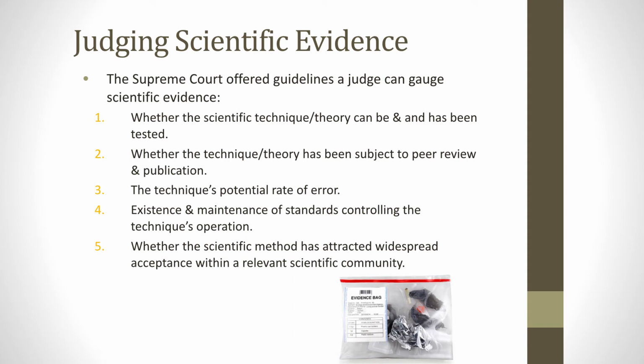It's whether the scientific techniques or theories can be or have been tested, whether the techniques or the theory have been subject to peer review and publication, what the potential rate of error is for those techniques, because no matter how hard they try to make sure that there are no errors, it happens. They can still usually have a small margin of error.